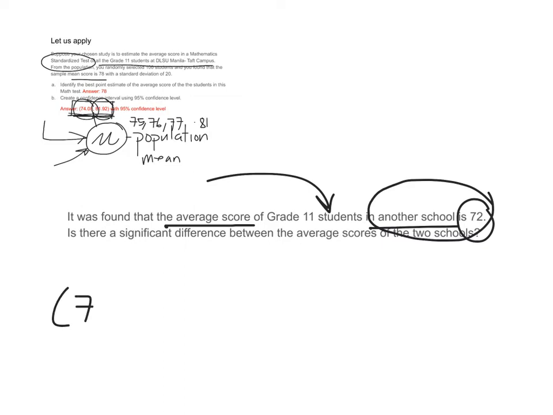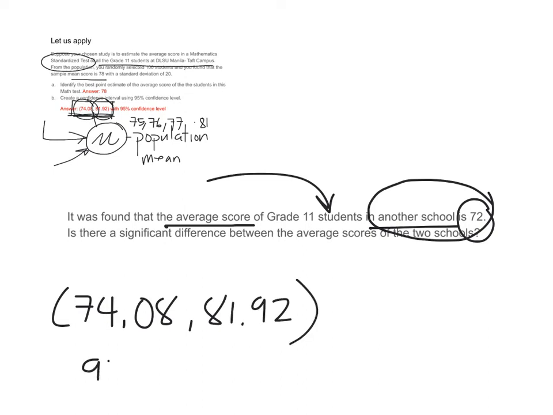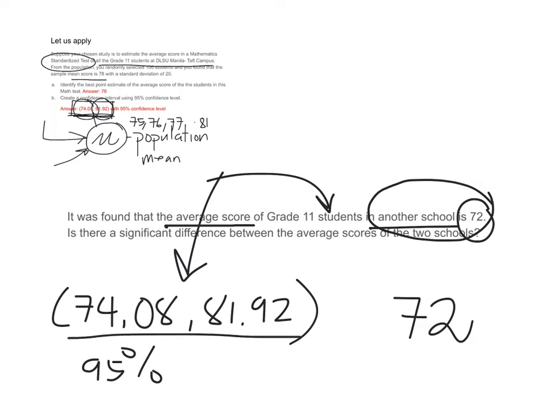So comparing now our 74.08 up to 81.92 confidence interval using a 95% confidence level with the 72 average of the other school, we can compare the performance of the two schools based on their average score. Even if we don't know exactly the average score of the students of De La Salle Manila Taft campus, we are 95% confident that the score lies from 74.08 to 81.92.